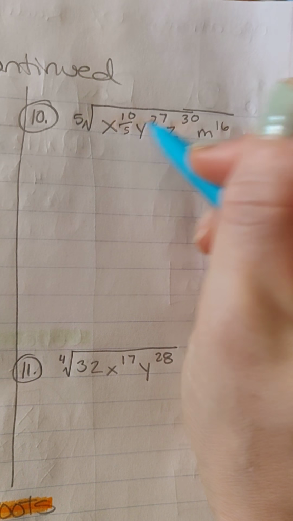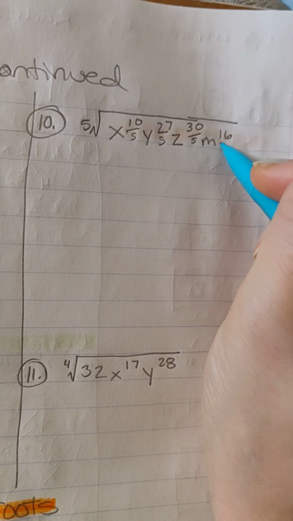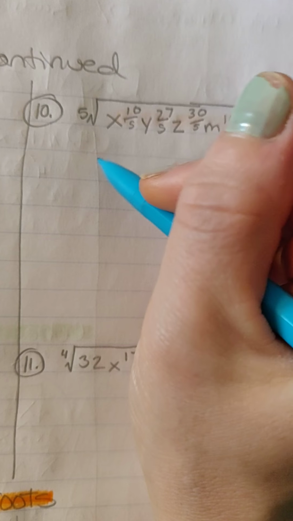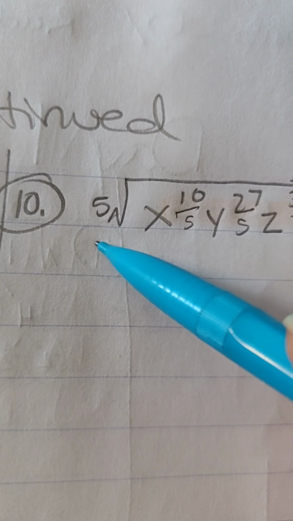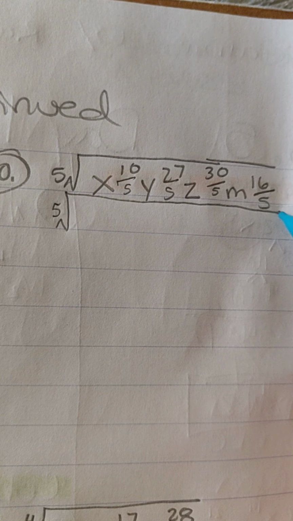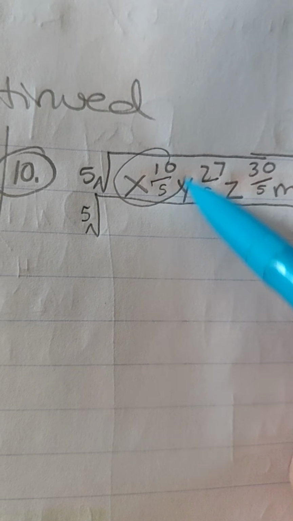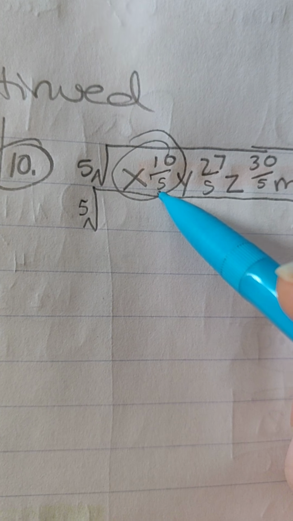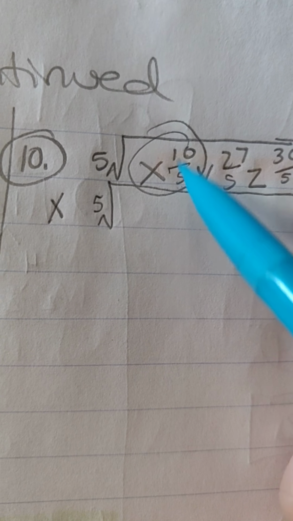Divide by 5, divide by 5, divide by 5, divide by 5. So I've got the 5th root of this first one here. 10 divided by 5 is 2.